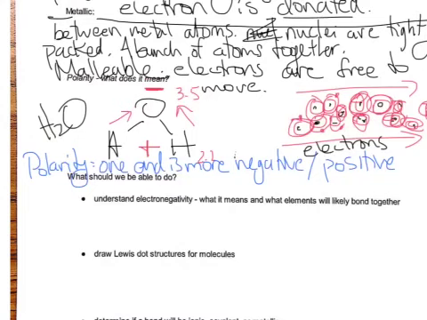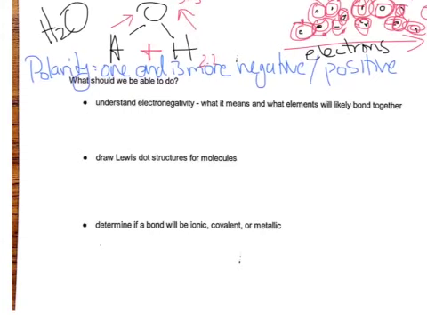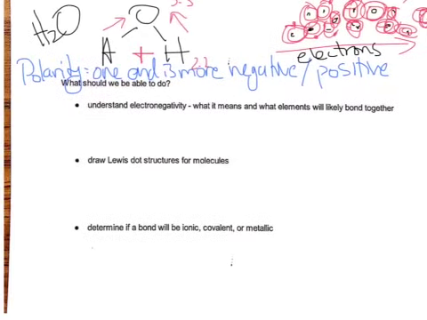Okay, so what should we be able to do? I know these are notes and we haven't practiced a lot, but in the ensuing lessons, we will be getting a greater understanding of electronegativity, what it means and what elements will likely bond together. We're going to do a lot more of this, drawing Lewis dot structures for molecules.